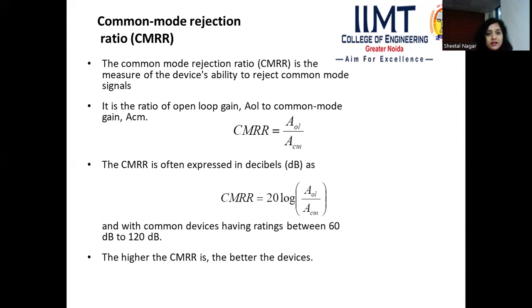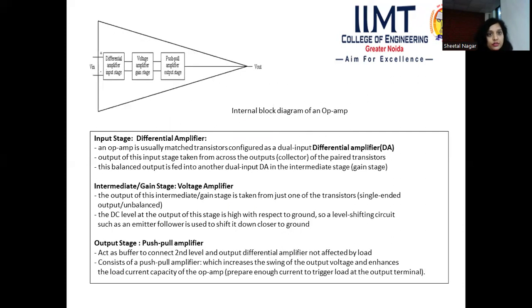The CMRR is often expressed in decibels as CMRR equal to 20 log (AOL divided by ACM), with common devices having ratings between 60 dB to 120 dB. The higher the CMRR, the better the device. In the case of an ideal operational amplifier, the CMRR must be infinite also.